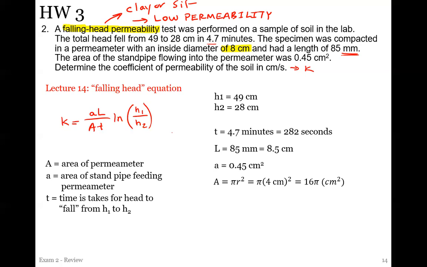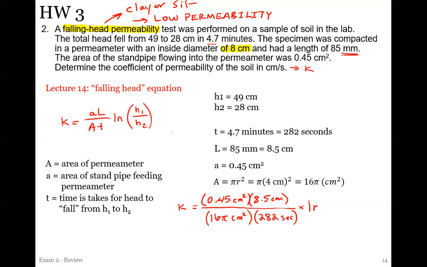So what we can do then is plug everything in and make sure that our units are consistent. So our K value is equal to 0.45, our lowercase a, 0.45 centimeters squared, multiplied by 8.5 centimeters, our length, divided by our area, our capital A, 16 pi centimeters squared, times our time, which is 282 seconds.